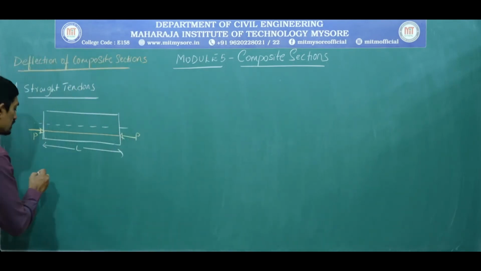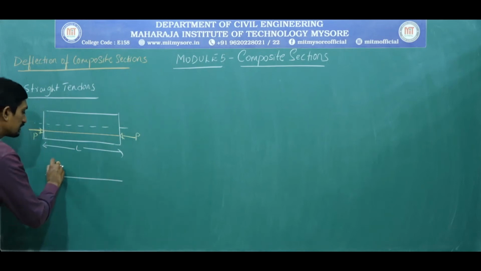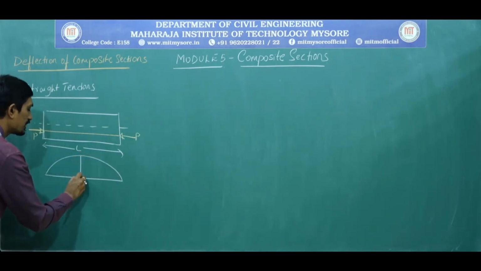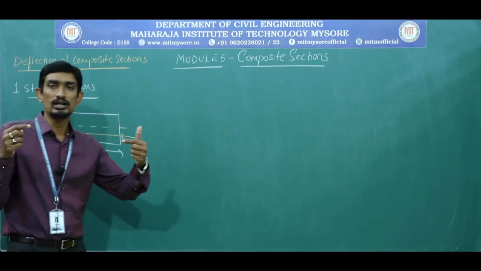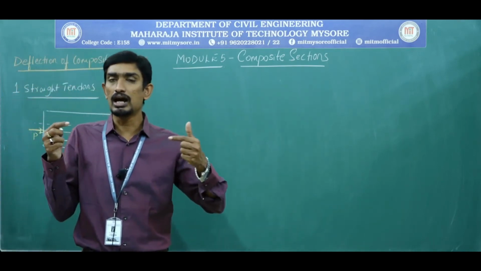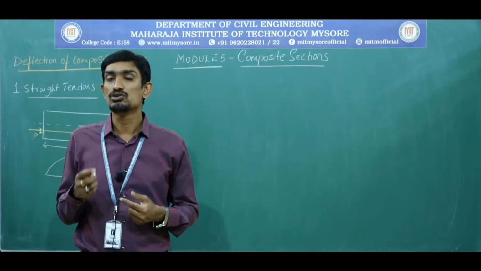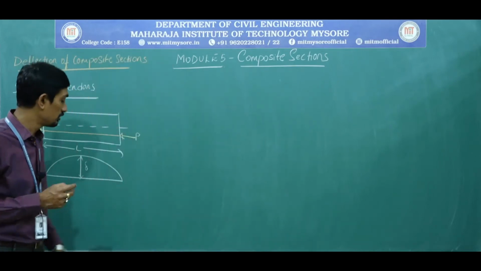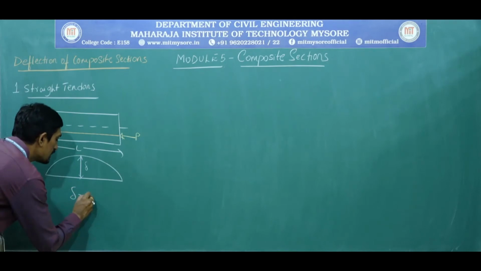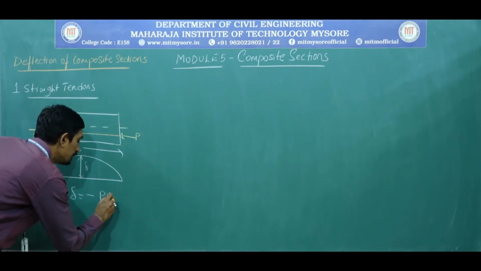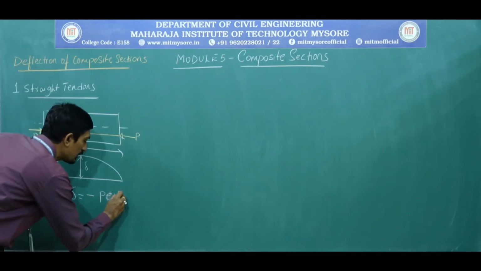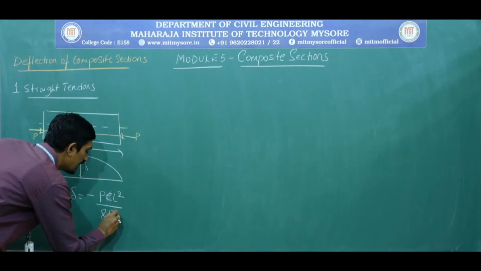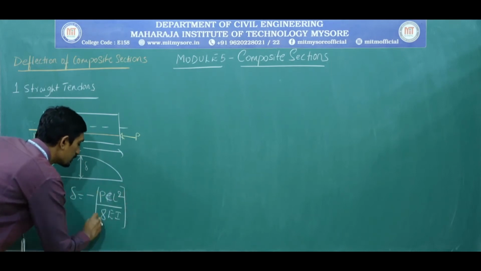Then for this particular thing, the deflection for straight cable, as you know, will induce upward deflection, very important thing. The deflection will be maximum at mid-span, and this pre-stressing force will try to induce upward deflection. Please note this point. Because of this upward deflection, the formula will be delta equal to minus PE L square divided by 8 EI.